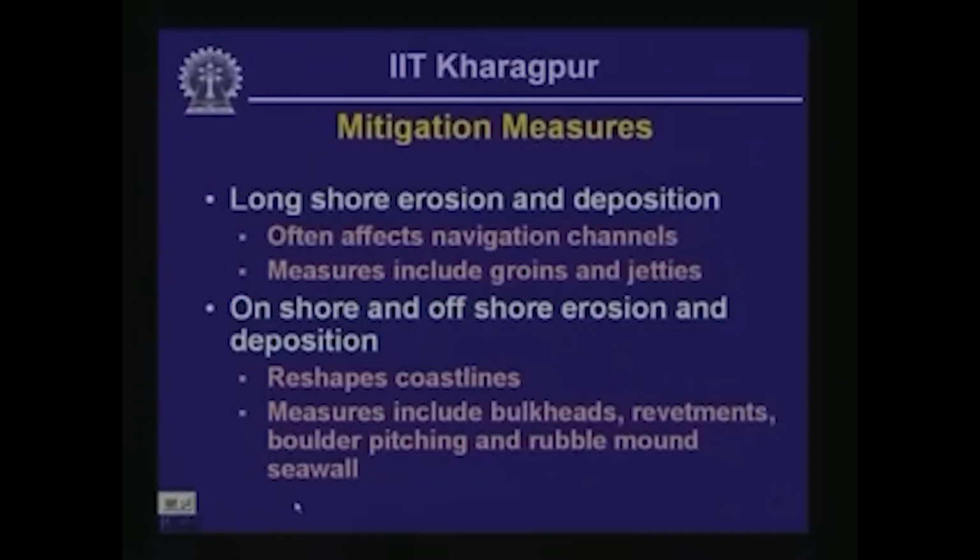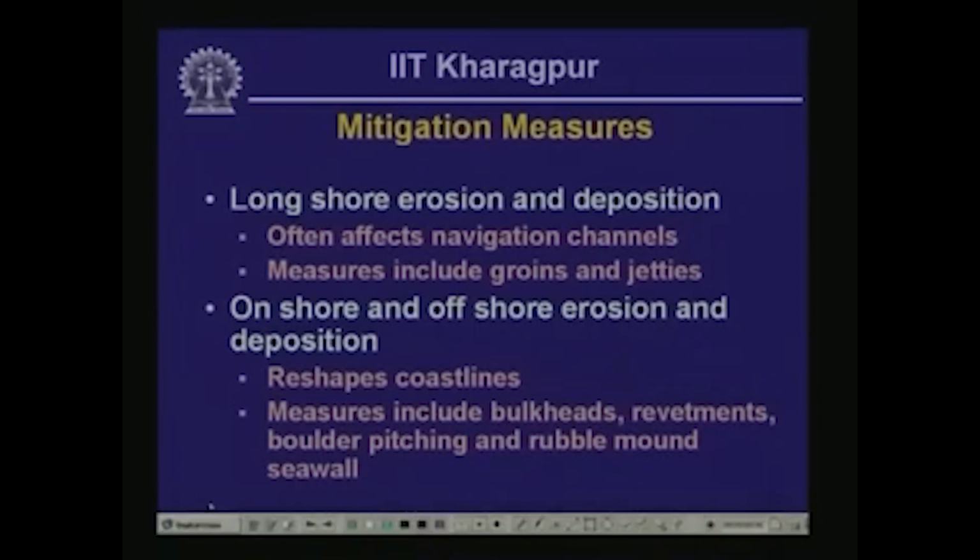So the coastline is going to recede landward, whereas if the area is a depositional environment, then the coastline is going to move further towards the water. Now, in order to control the movement of the coastline, typical measures include bulkheads, revetments, boulder pitching, and rubble mound seawalls. Let's look at these measures.